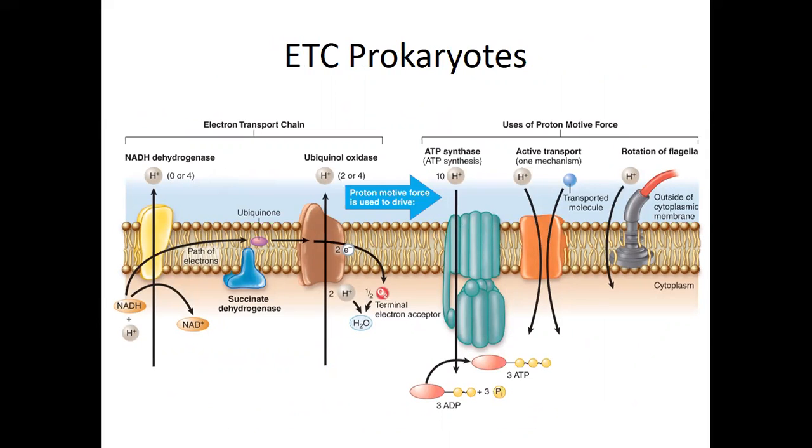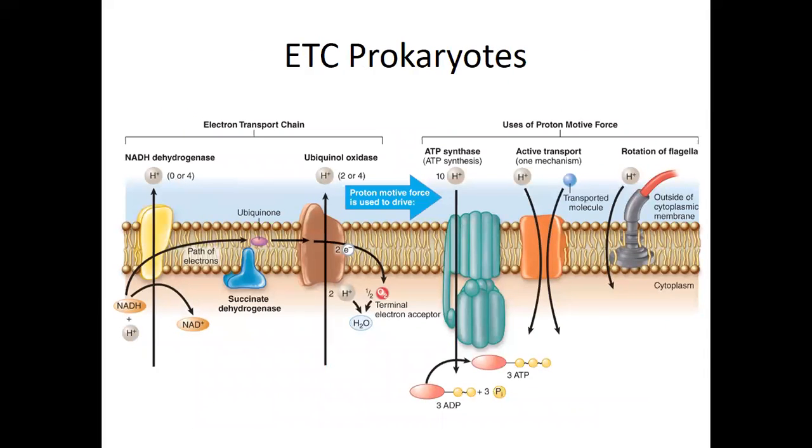Now, if you would put this slide next to the slide of the electron transport chain in eukaryotic cells, you would see those differences. I think even without me having those side by side, you can probably already notice that there's some differences. One thing I want to point out is they don't have as many complexes.